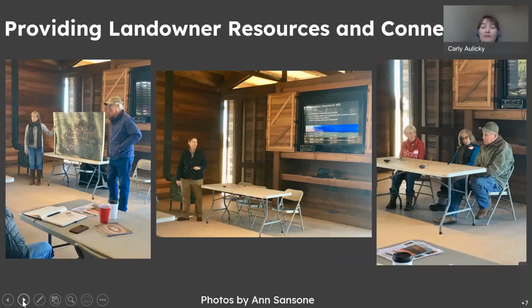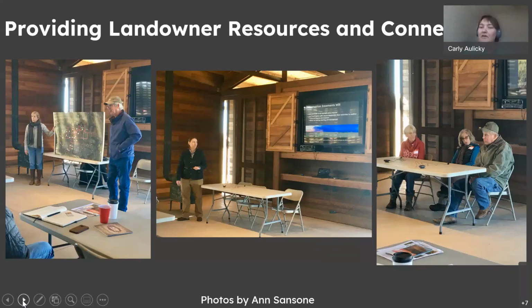Another important piece of the NPAT mission is education. So in my role, I do a lot of landowner workshops, which means that I'm trying to provide private landowners with all the resources and connections that they need to be successful, either in managing a remnant prairie to make sure that it stays free of invasive species and woody encroachment and stays healthy and robust and biodiverse, or to start restoration literally from the ground up.